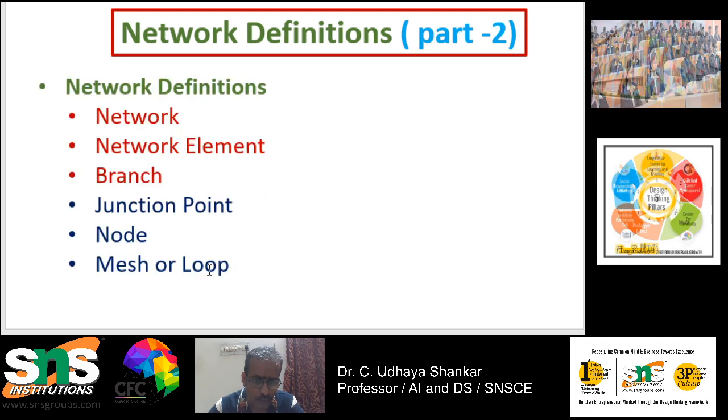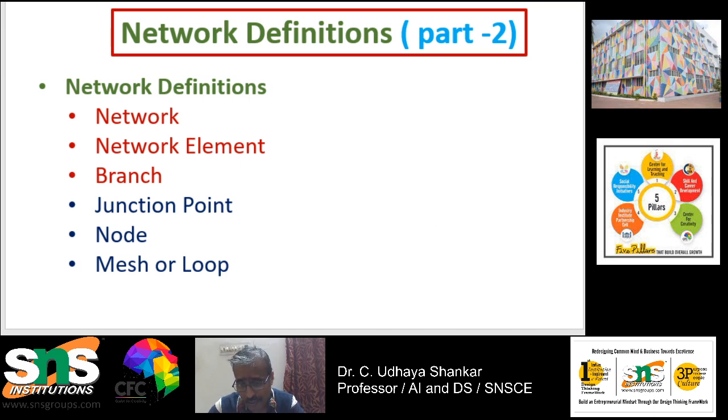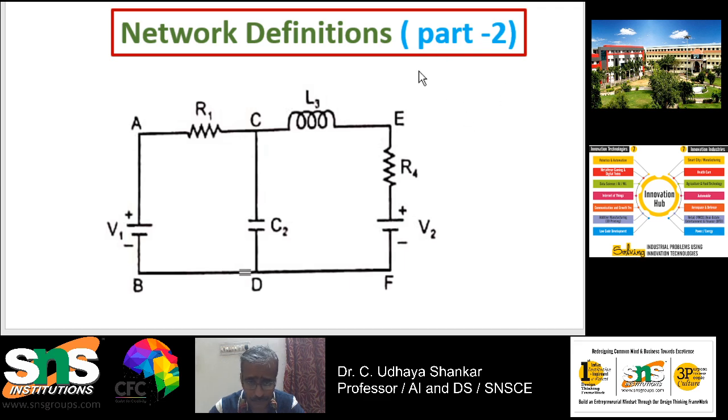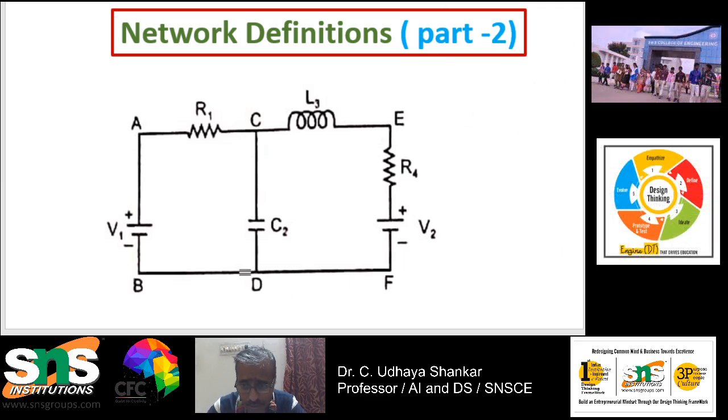Now we will move on to what is a mesh or loop. There are two different names: mesh or loop. I will use the same circuit to help you understand what a loop is.